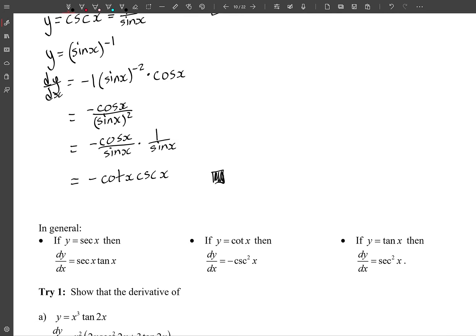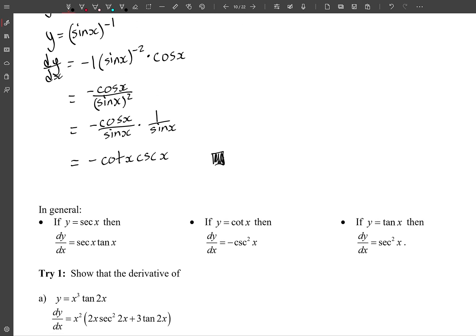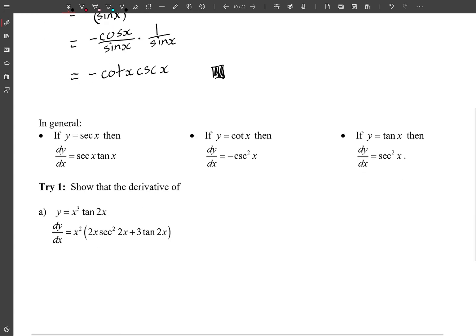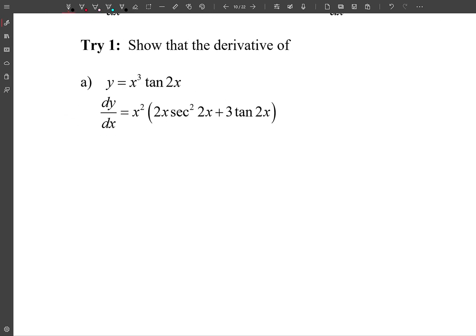So cotangent and cosecant x both result in a negative. The ones that don't start with c, secant and tan, are not negative. So that's a useful, handy trick. I mean, I'll give you these identities on a formula sheet, but honestly, a lot of these you're just going to want to have in your back pocket so you don't have to keep checking a formula sheet.